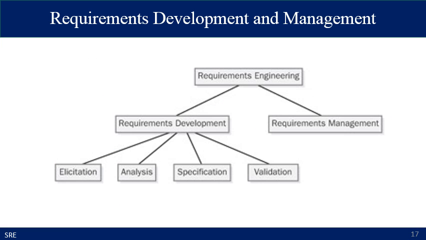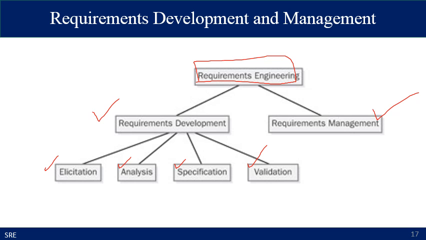So if we take the summary of the previous 15 slides, which can be adumbrated here, the requirement engineering process consists of two fundamental sub-processes: requirement development and requirement management. Requirement development is the elicitation, analysis, specification, and validation of requirements.